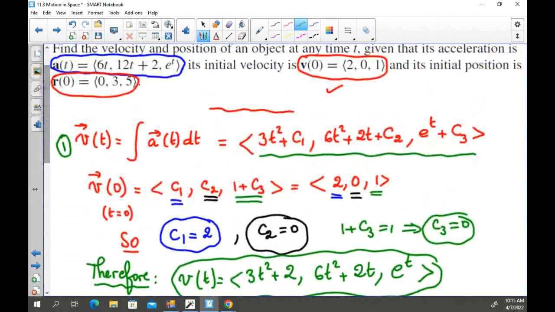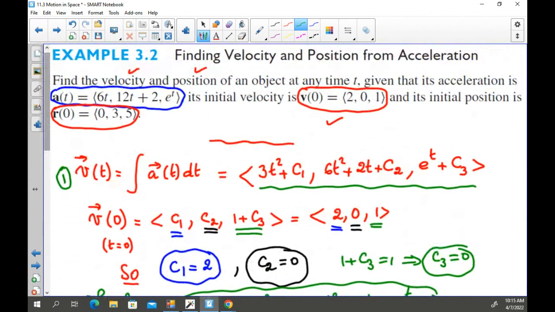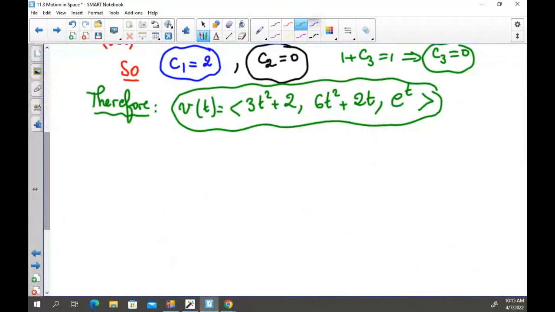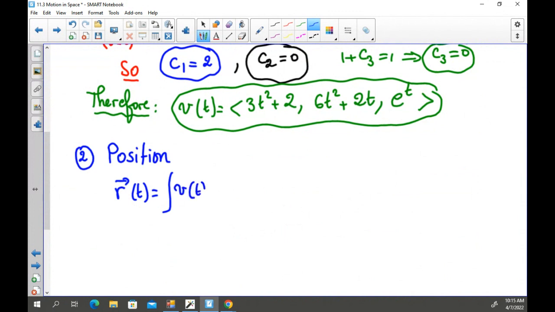Second thing we want to find is the position. Now, number 2, the position, which is the vector r. And you find r by integrating the velocity, v.